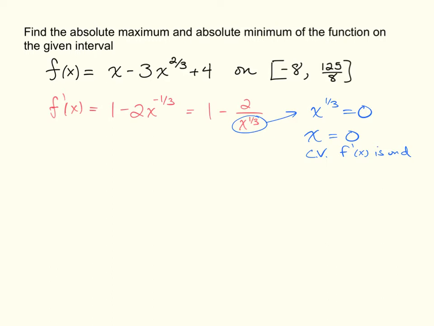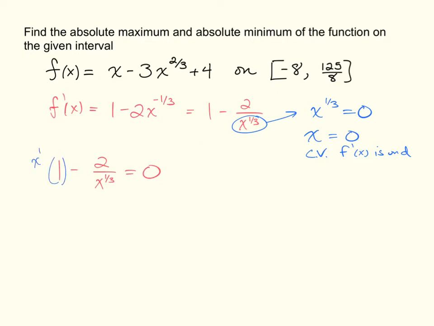The other way to find a critical value is to take the derivative, and I'm going to use this version, set it equal to 0, and solve for x. So that's 1 minus 2 over x to the 1/3 power equals 0. My go-to step is to get rid of this pesky denominator, because denominators are pesky and they cause problems.